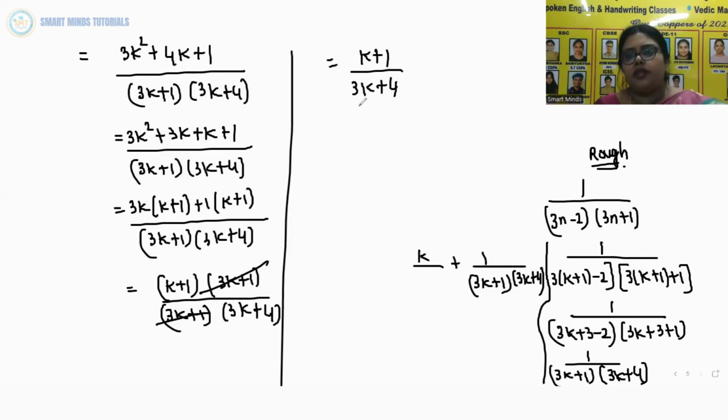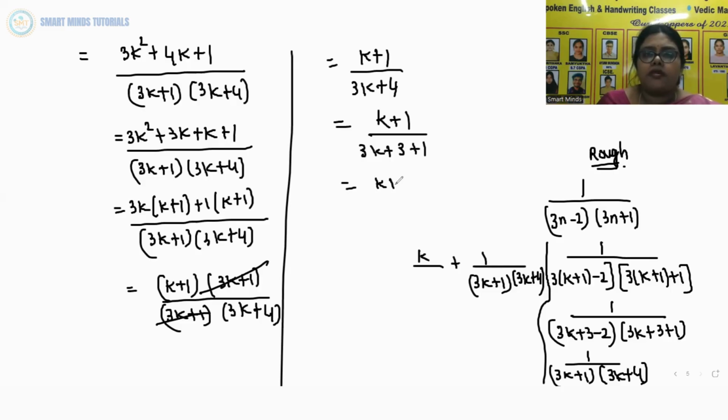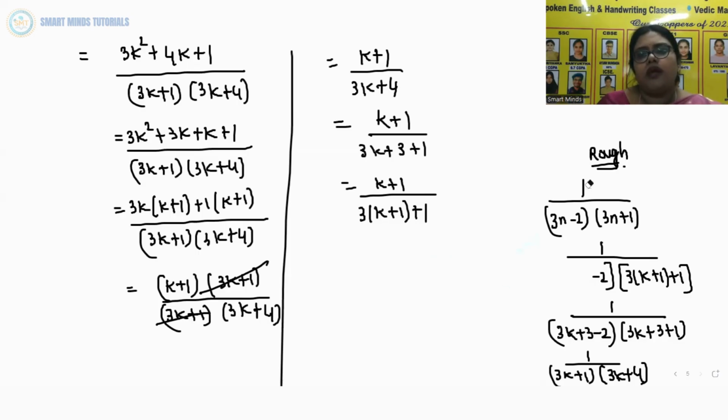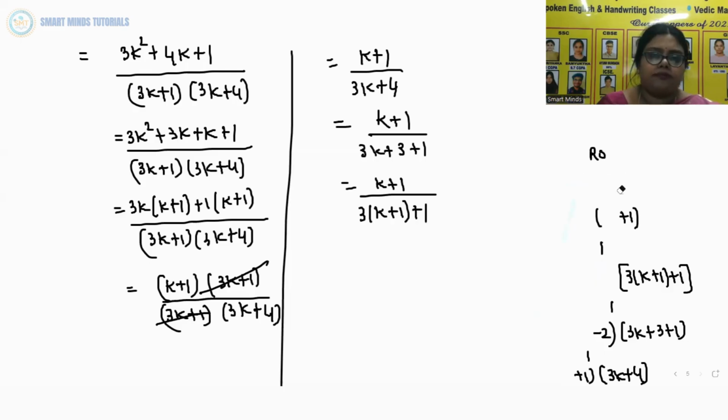But still we did not get the RHS of the question. So k plus 1 by 3k plus 4 we can write as 3 plus 1. So k plus 1 by, if I take 3 common, k plus 1 plus 1. Now you can see the RHS of the question. Wherever you have n, we got k plus 1.